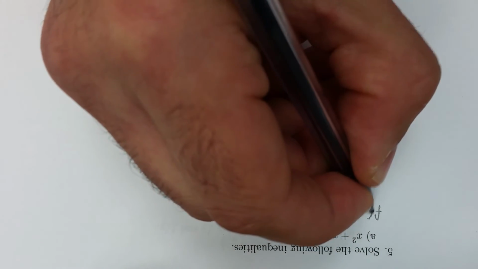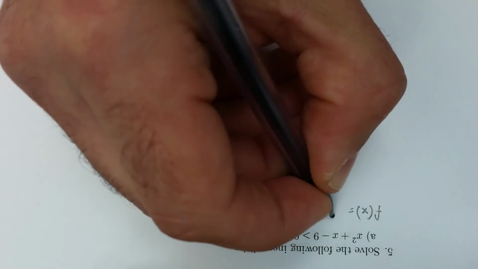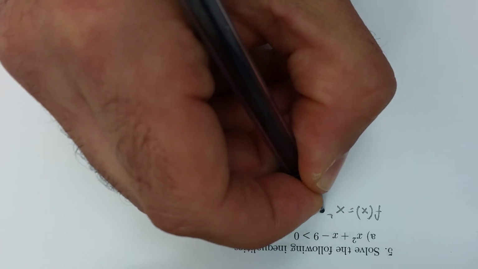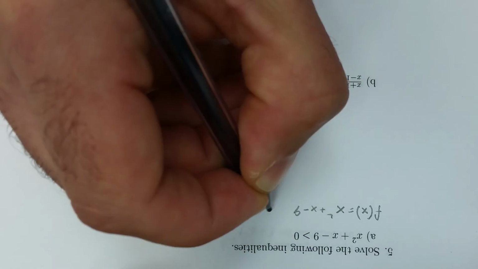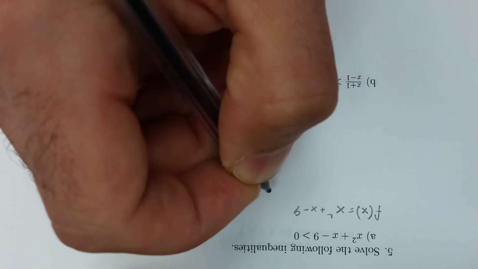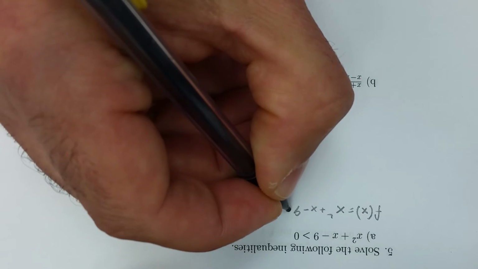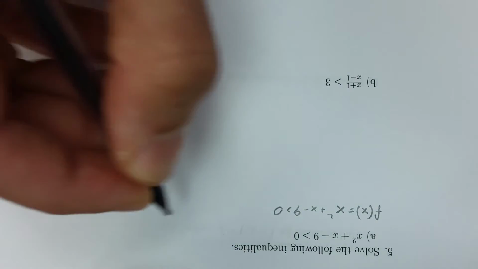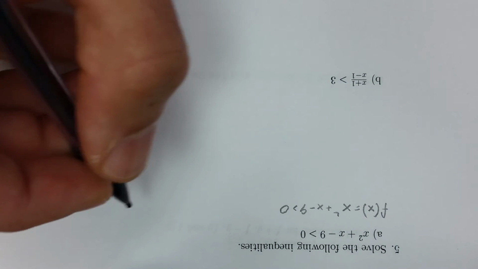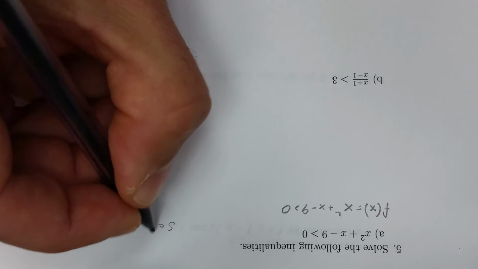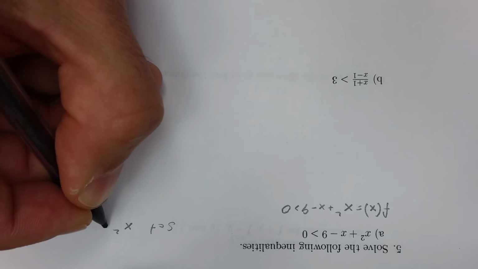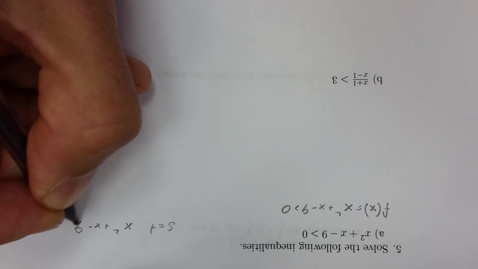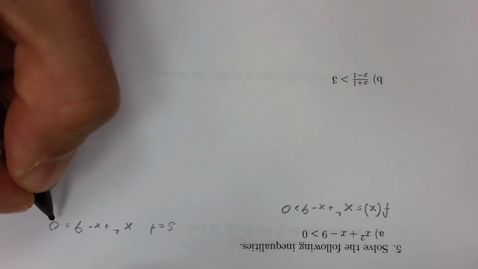So if I take a look at f of x equals x squared plus x minus 9, and I try to factor that, we're going to find out it doesn't factor very easily. So we're stuck using the quadratic formula. Let's go ahead and set it equal to 0. So we'll set x squared plus x minus 9 equal to 0.